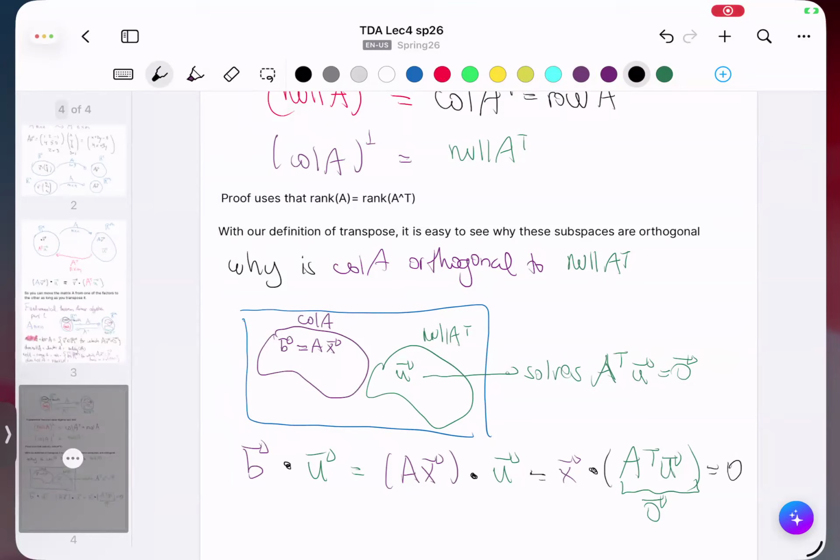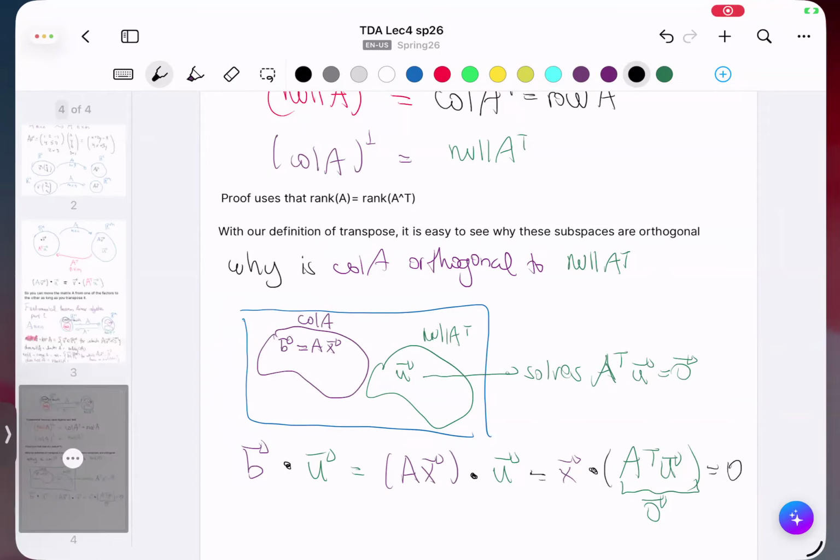You still have to check the thing about the ranks, if you want a full proof of the fundamental theorem of linear algebra. So there are obviously other things that you would need to do, but understanding why they have to be perpendicular becomes very, very simple.